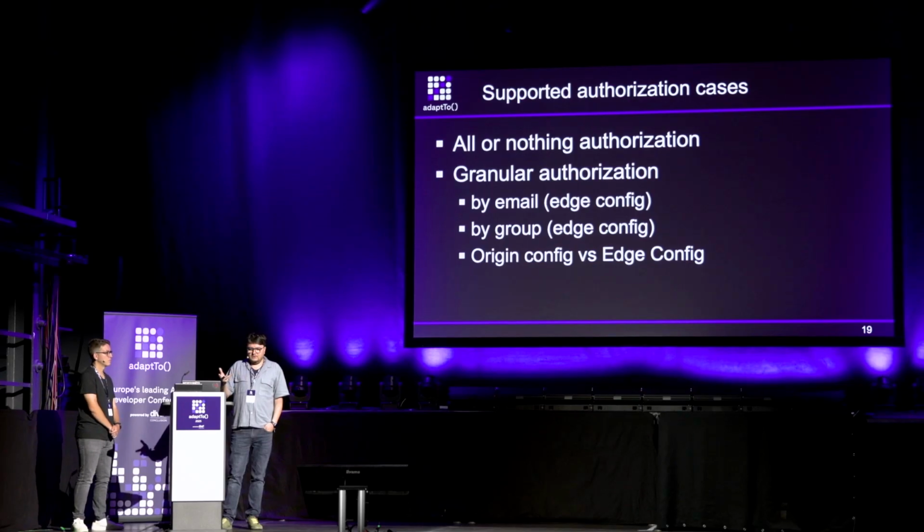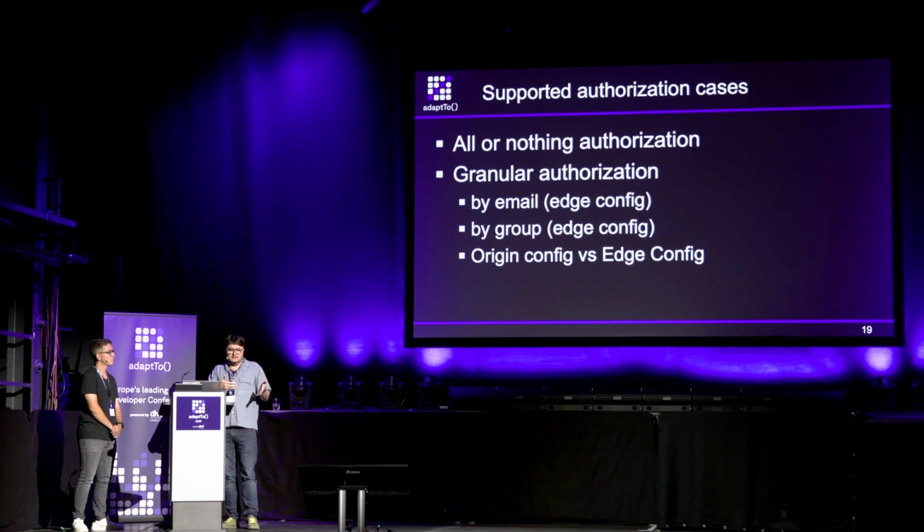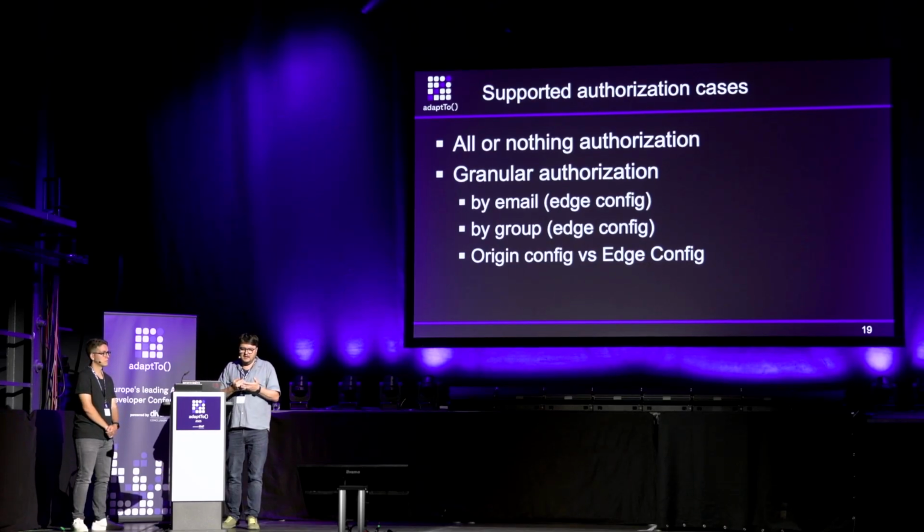But we went also further. Now the tricky part is that we don't have a full-fledged permission system behind. So we can rely only on the information that is available in the IDP for authorization, and those are typically email.